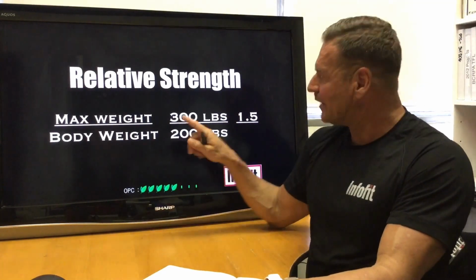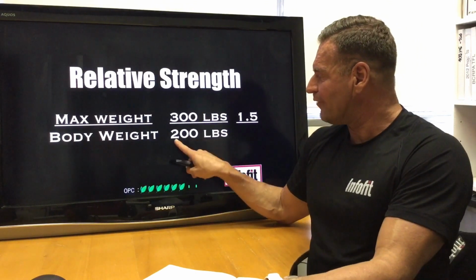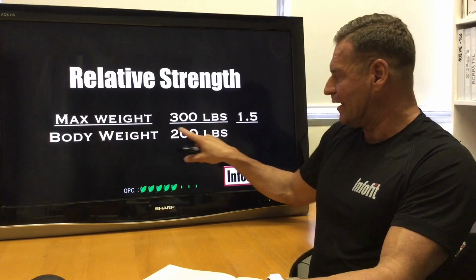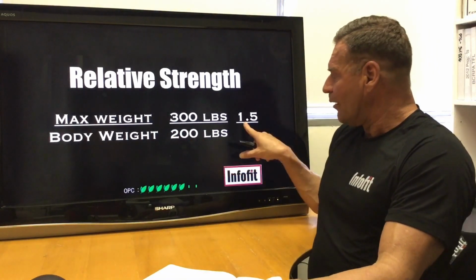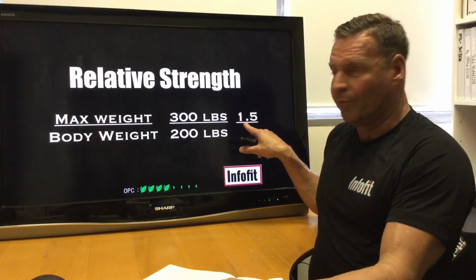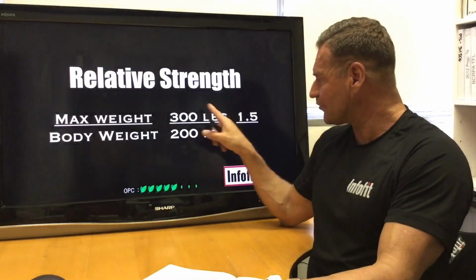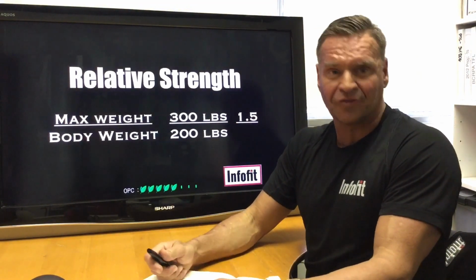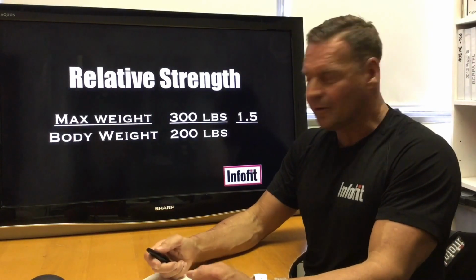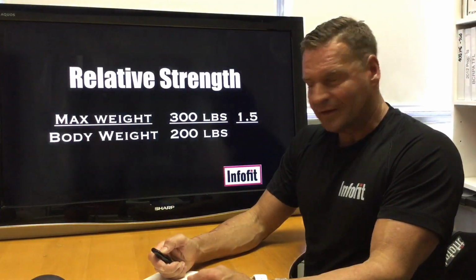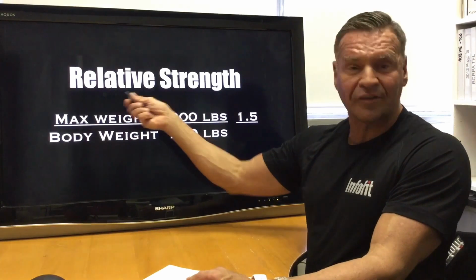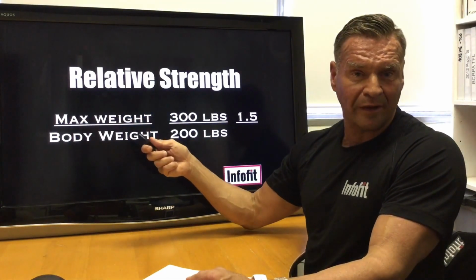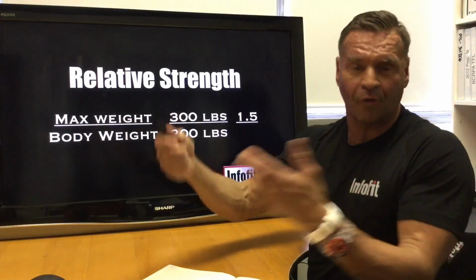Then I take his weight, let's say he weighs 150 pounds, and he pushes 300 pounds, well, that's going to be 2. So relative strength would dictate that he's stronger than me, even though, because he's much lighter, I'd push a lot more weight. Fair? I hope that makes sense. So when you see relative somewhere, it's always whatever you measure divided by your body weight. So you can compare either with yourself or with somebody else.